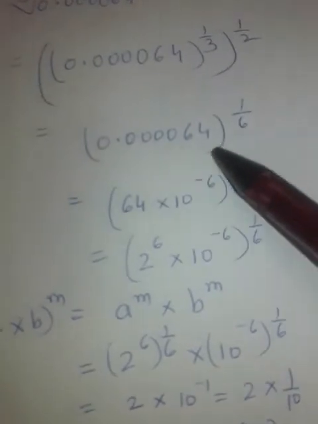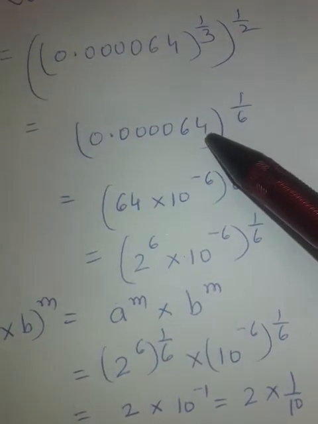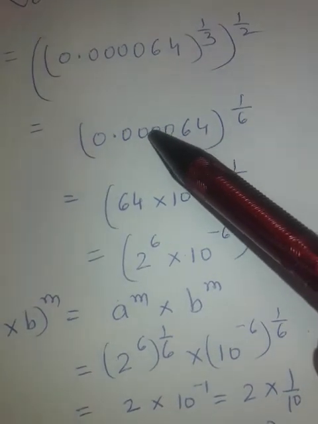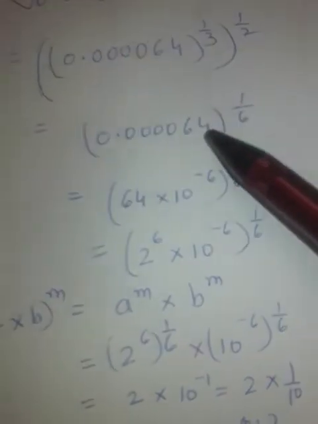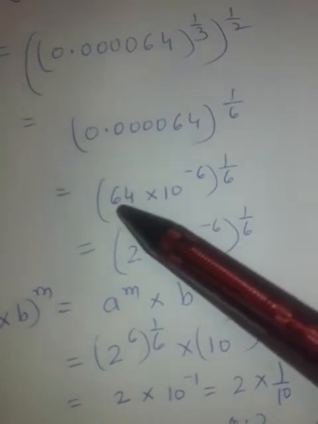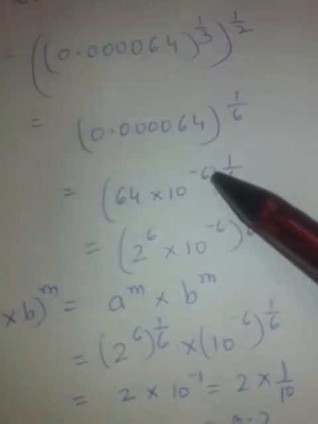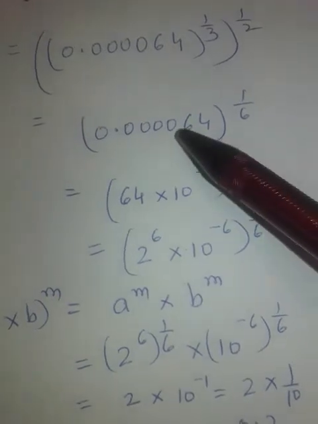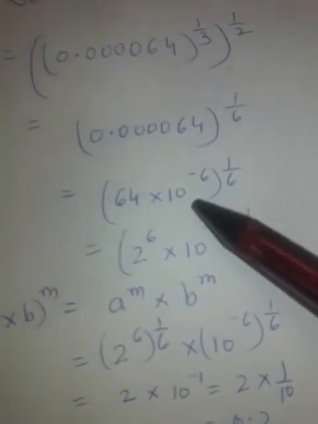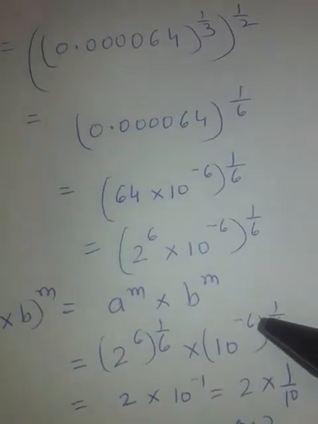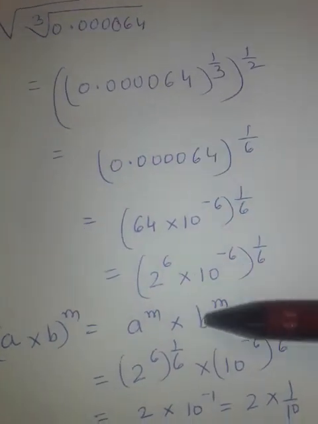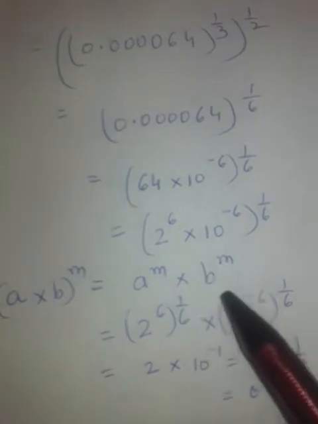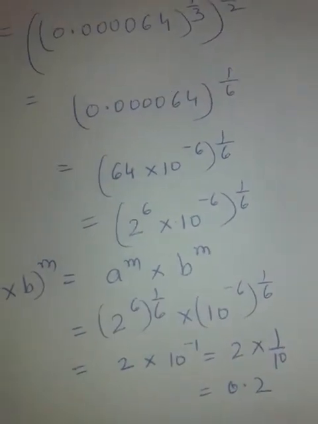Also, whenever there is decimal point, just count the number of decimal places 1, 2, 3, 4, 5, 6 and then copy this whole number 64 multiplied by 10 raised to minus 6. This is how we need to put it in index form to solve. Please watch this example again and also learn this concept again. Very important.